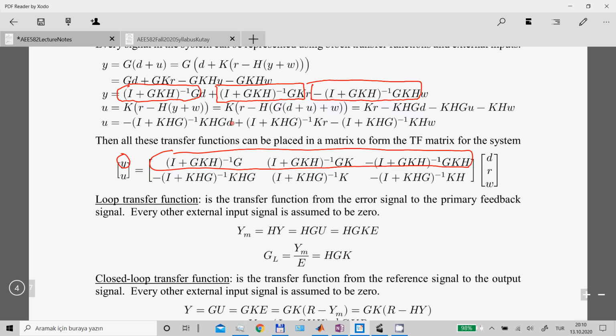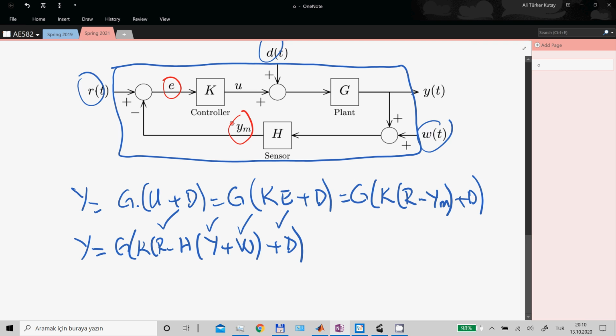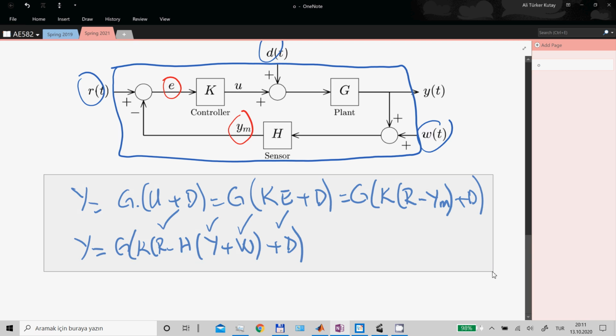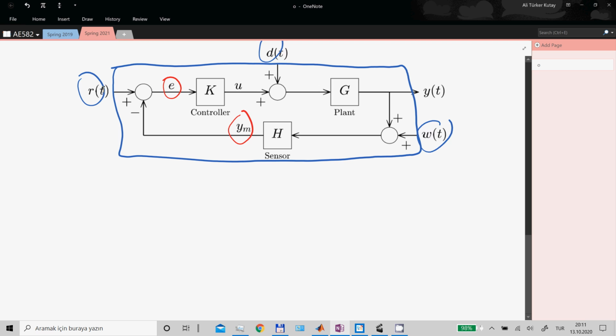And obviously, while writing the transfer function, you assume that the other external inputs to the system are equal to 0. So let's write that here. This is going to be my output, right? I can write that as the transfer function h times the input to h, and since I assume w is 0, the input is simply y.